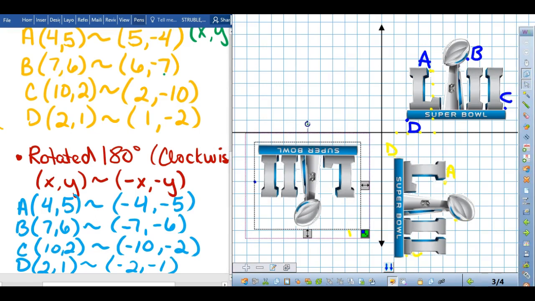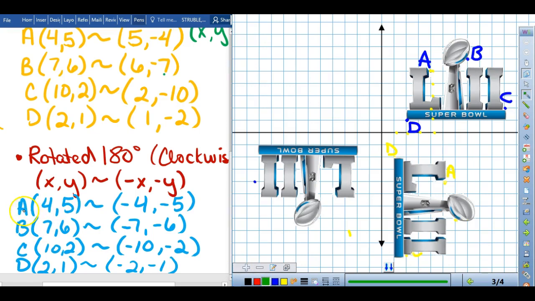Now, how do I know where it's going to exactly be? What I did was I used my new coordinates. So I saw that D was going to be at -2, -1, which is right here. That's D. Bottom of the Super Bowl sign. Awesome. Okay. C then is right here.